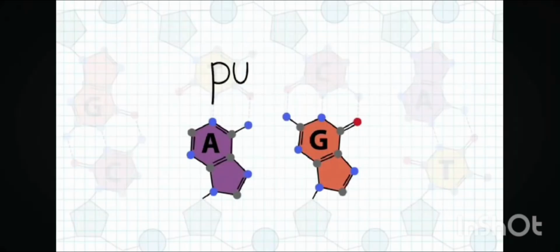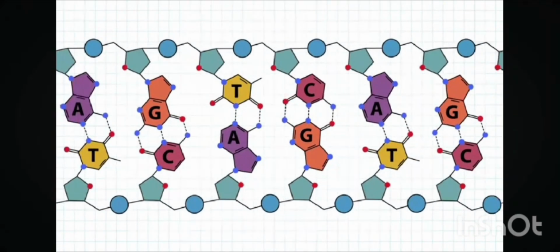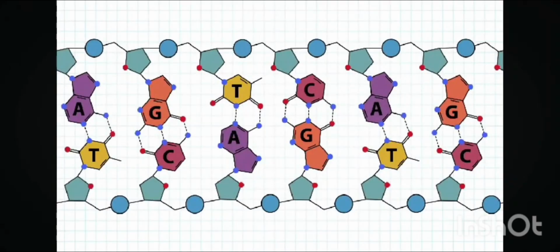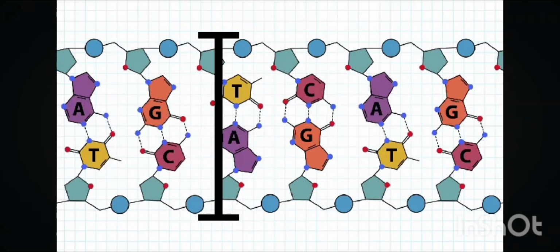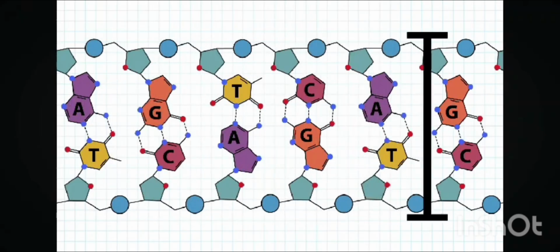Thymine and cytosine are called pyrimidines, having a single ring structure, and adenine and guanine are called purines, which have double rings. The geometry of the AT or TA and GC or CG base pair is the same, allowing for symmetry and base stacking in the helix.